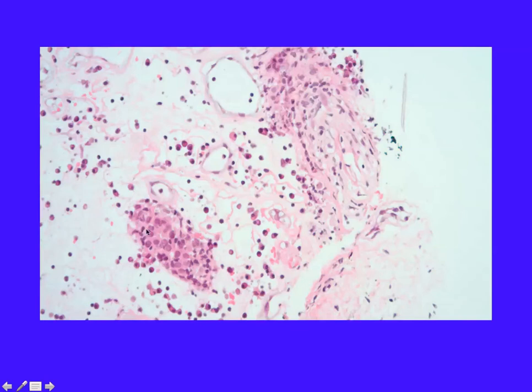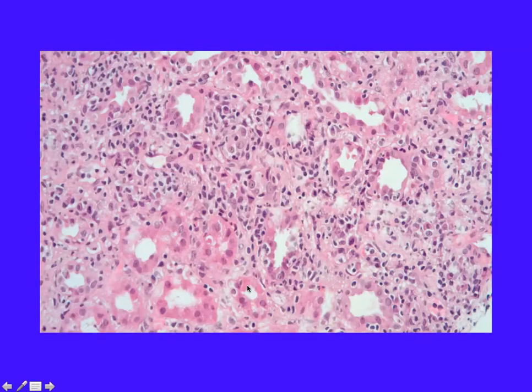The tubular profile in the lower left quadrant of this picture shows invasion and involvement by chronic inflammatory cells that cross the tubular basement membrane and obscure the tubular epithelium, which is acutely injured. This is a very nice example of a typical tubulitis feature.